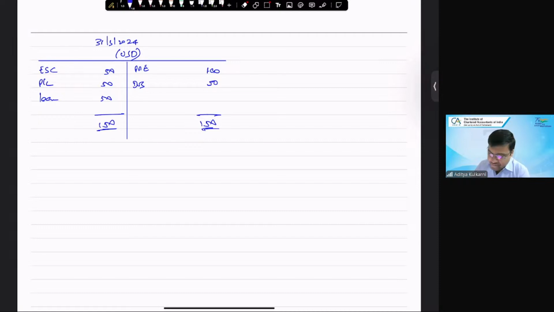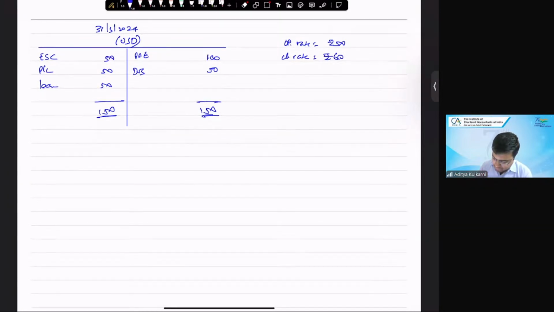So now, opening rate equals rupees 50. Closing rate is rupees 60. Okay. Now, if I have to do the conversion, tell me, property, plant, equipment, what rate will I do? This is one year later, 31st March 24.